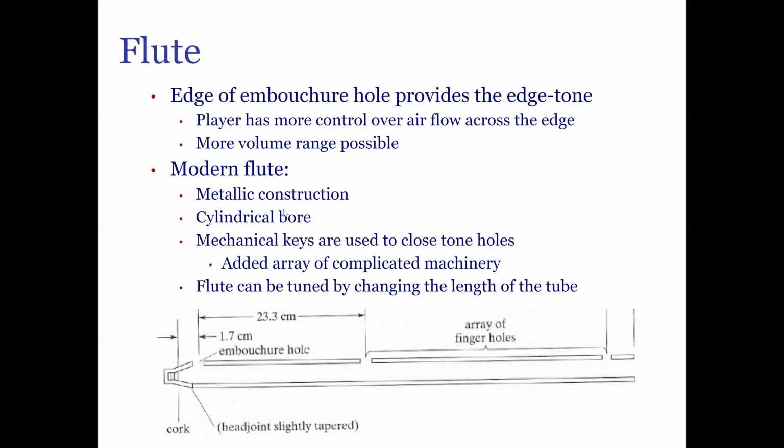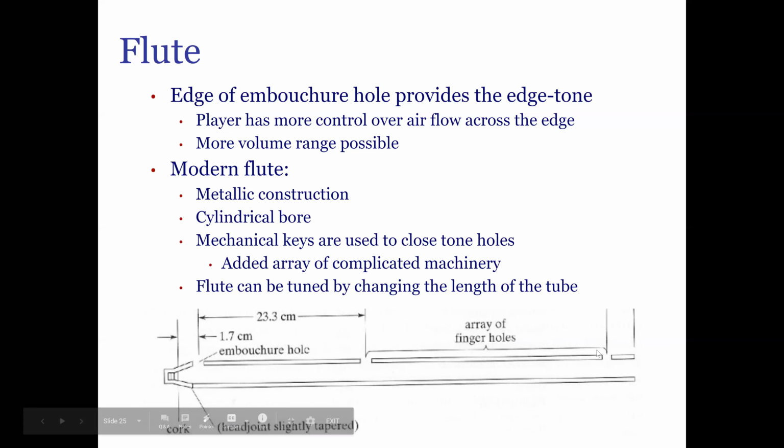And so that's probably why those come out sounding better to most people. Also, if you spend $2,000 on something, you're going to think it sounds good, even if it maybe doesn't sound exactly the way you think it does. Psychology matters. The modern flute is also cylindrical bore. There are mechanical keys added to close a tone hole.